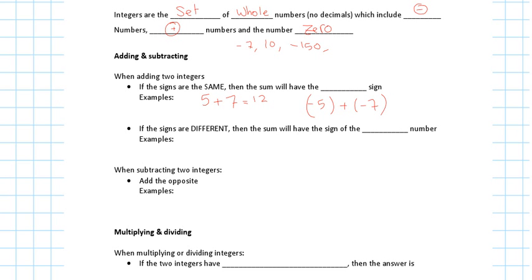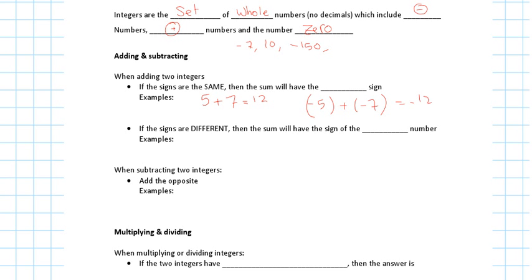Think about it this way. People don't like negatives, but when I look at a negative number, I think about below ground. Your ground is your 0 level, and anything below ground is negative.